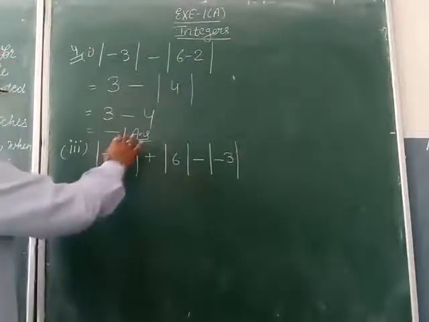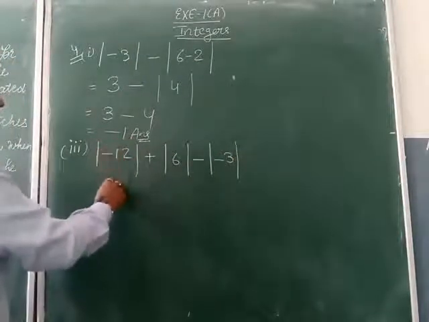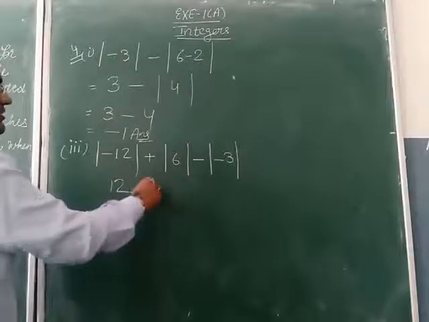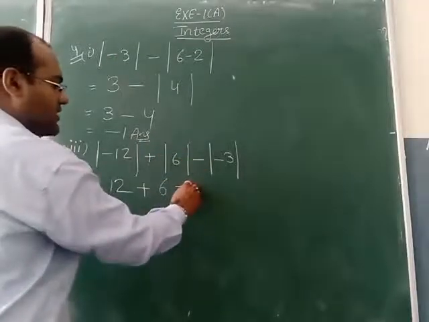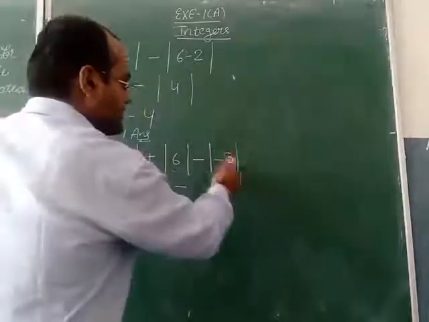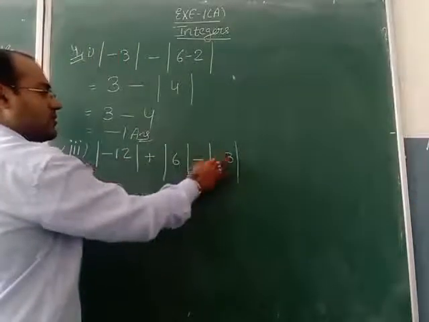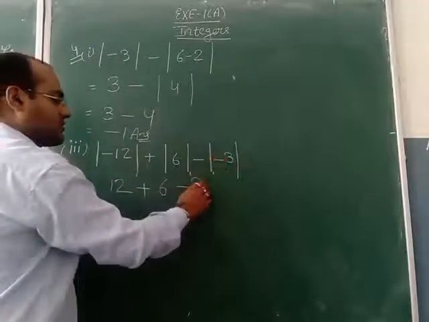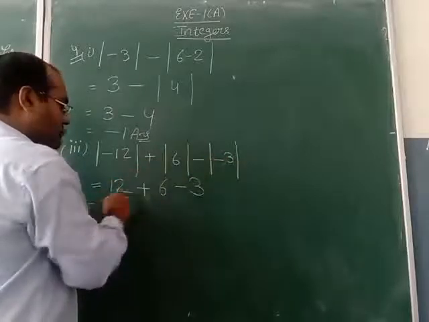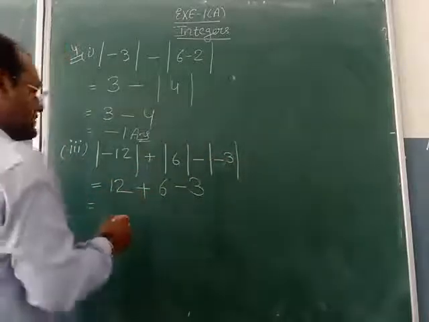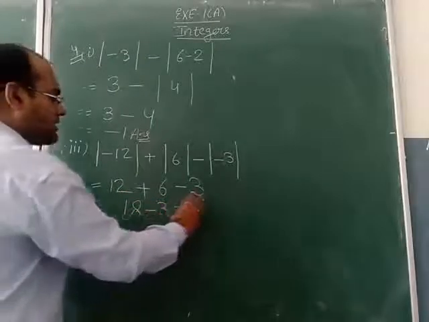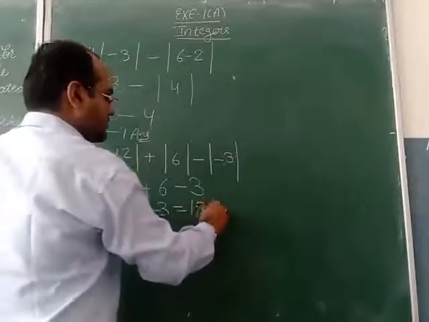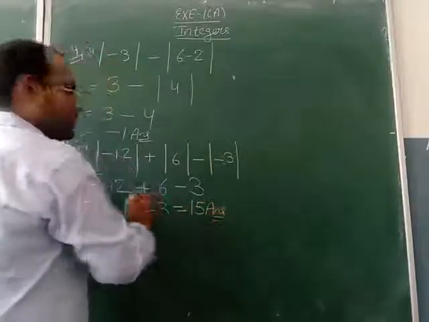When we remove the absolute sign, the minus also is removed. We write 12 plus, remove the absolute sign and directly write 6, minus. Remove the absolute sign, inside the absolute minus is coming, leave the minus sign and write 3. Now 12 plus 6 we will do. 12 plus 6 is 18 minus 3. When we do 18 minus 3, our answer will be 15.